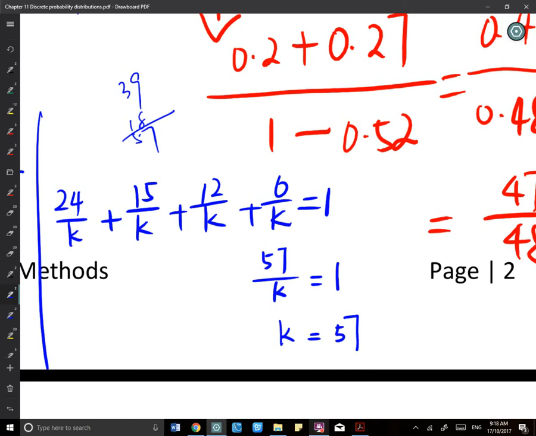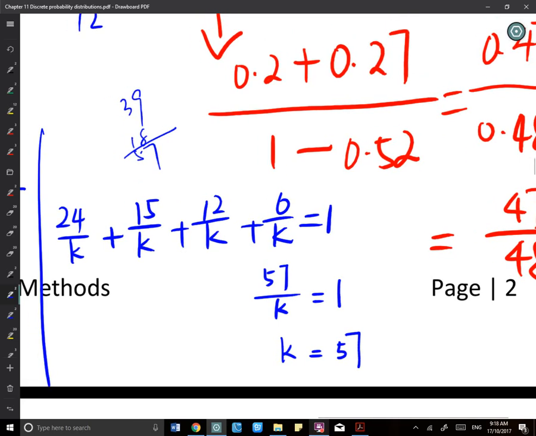And also 57 is greater than all of the 12, 15, 6, and 24. The value will definitely be between 0 and 1. So k equals 57 will satisfy the function. It is a probability mass function. Okay, so that's how we find the k values.